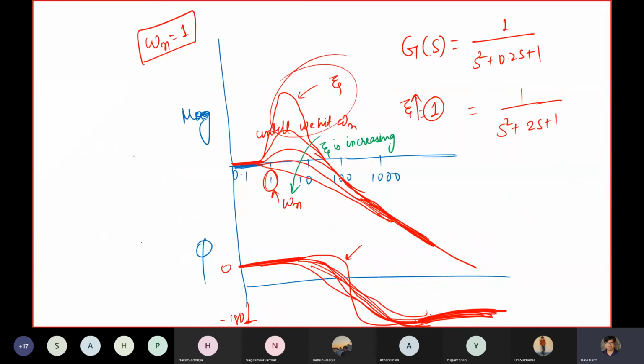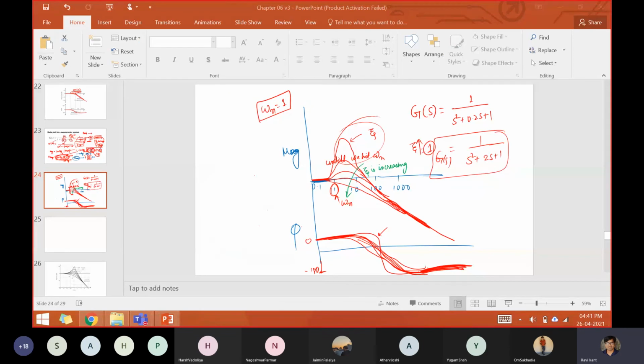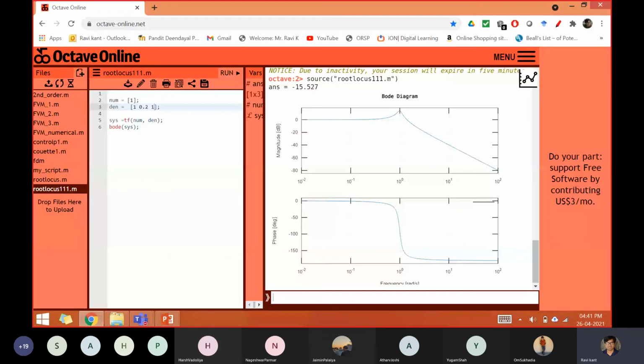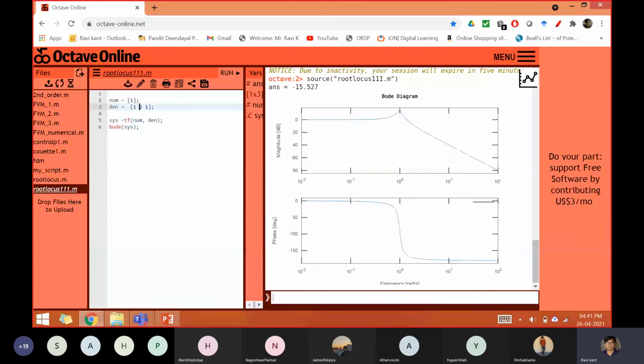Now let's see how this system behaves in my Bode plot. Let me save this and run this. See, now your system has been damped.